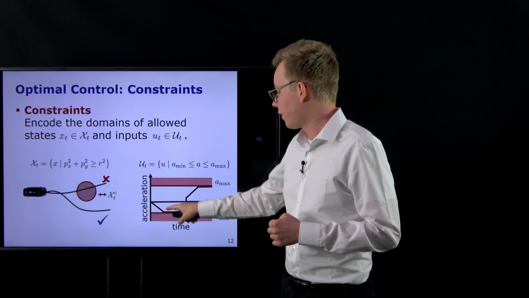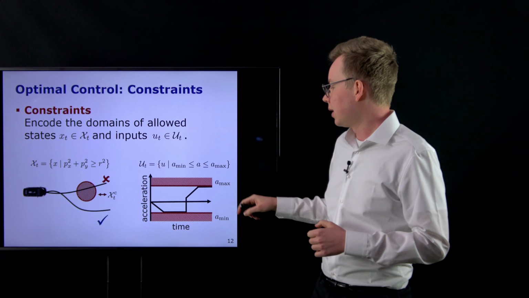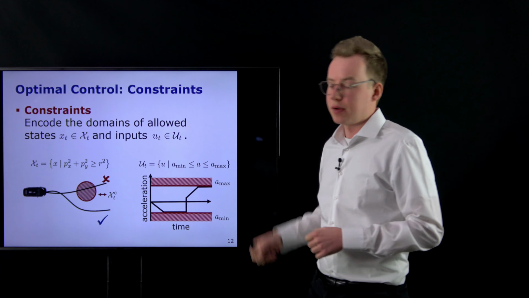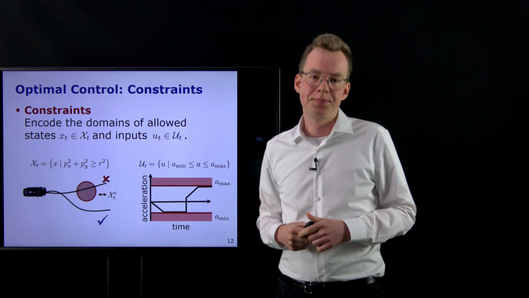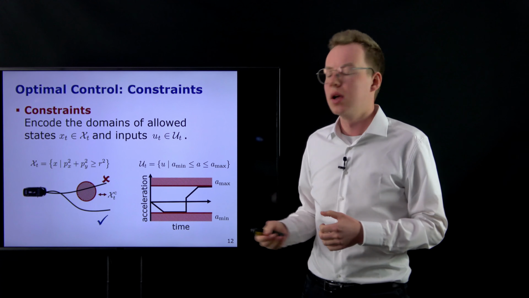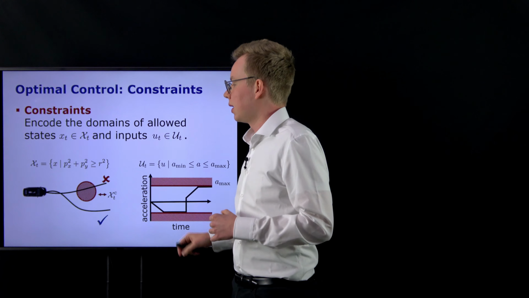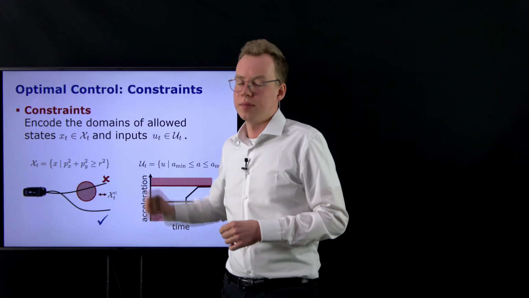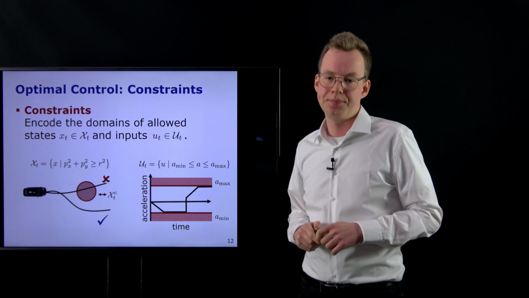And so here this profile is bounded below by a min and above by a max. And we would write that as the following inequality. So a must be greater than a min and smaller than a max. And using these kinds of inequalities or descriptions of sets where our states can be in, we can encode these state and input constraints.